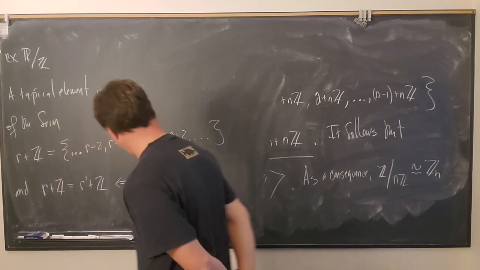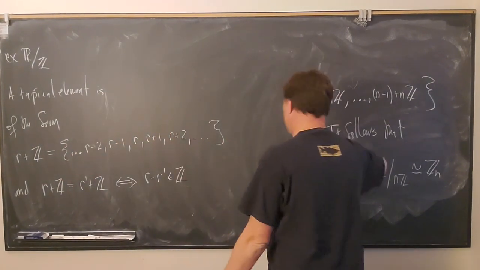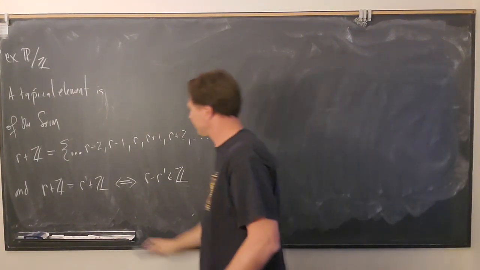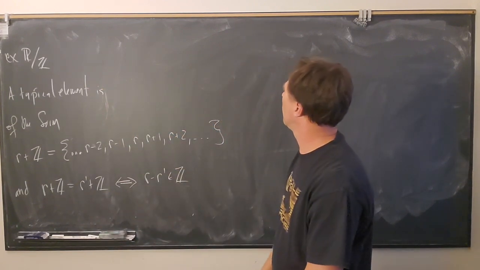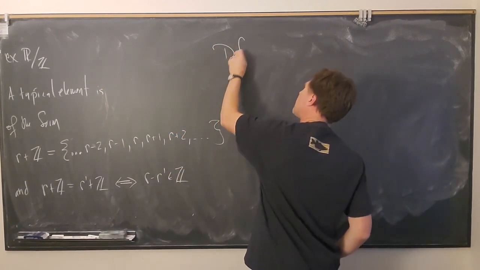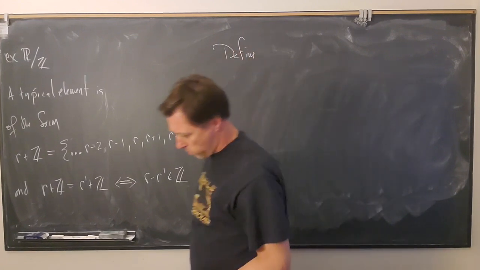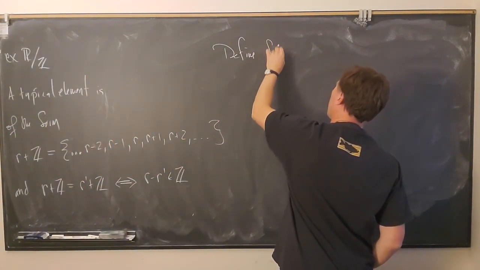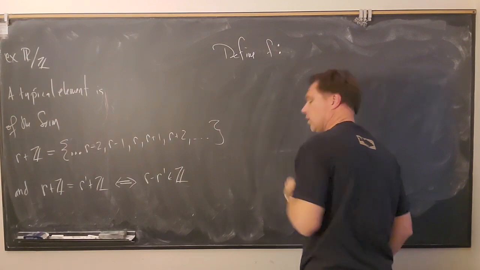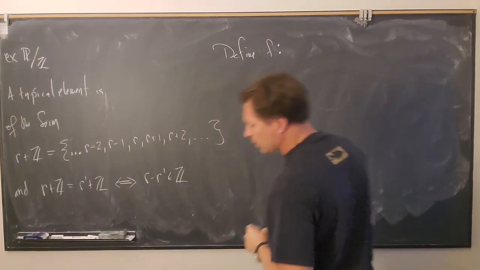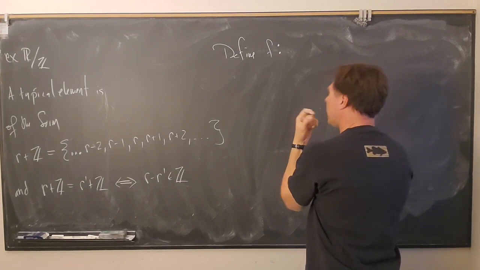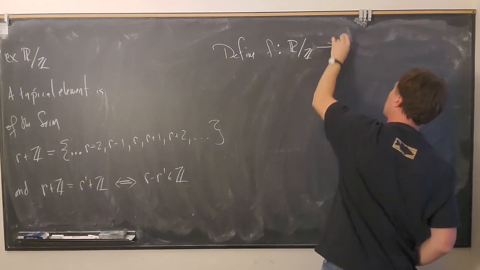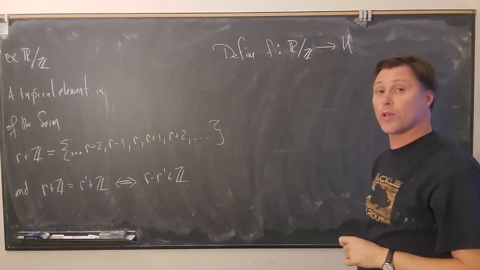Now, I'd like to get a feel for what this quotient group looks like. So I'm just going to jump into it. Let's define a function, I guess we'll call it F, from R mod Z to U, the unit circle in the complex plane.